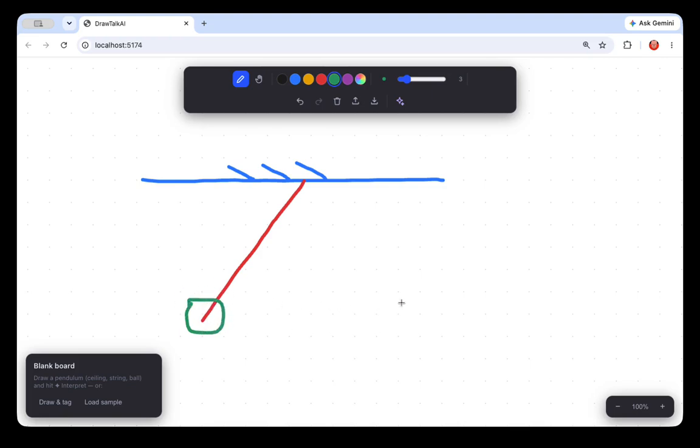I can also write down the equation if I'm a physics teacher who wants to show more details.